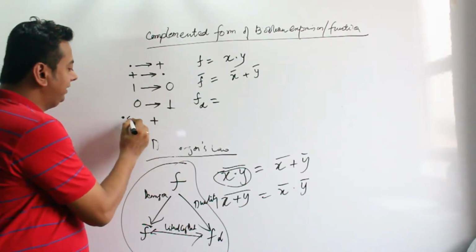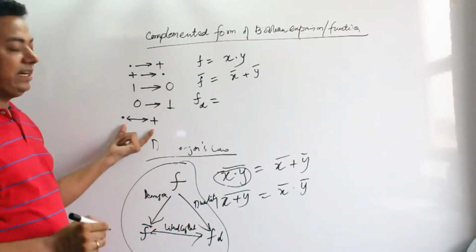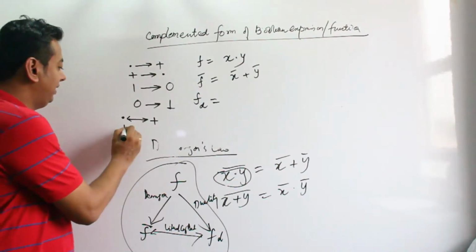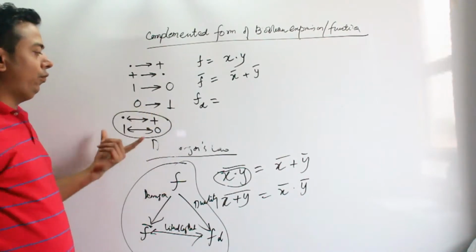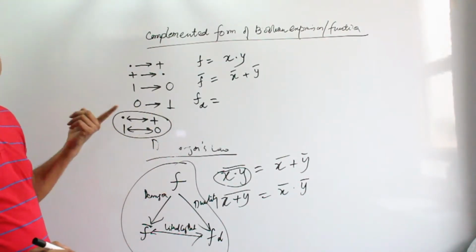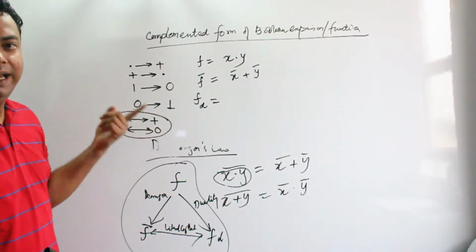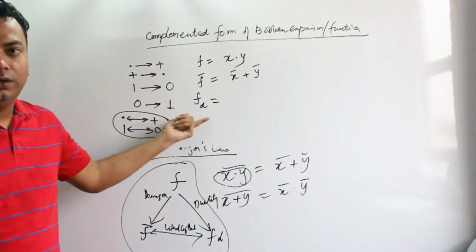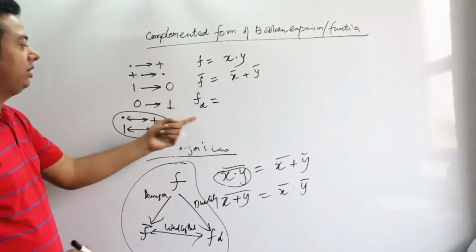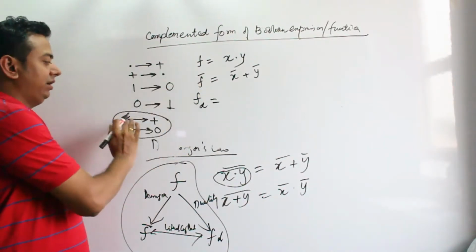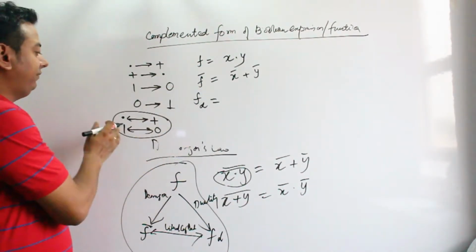In duality these two operations are interchangeable and these two constants are interchangeable. We will not make any changes in the literals when computing the dual of that function. So what is the dual of this function? We will only change the operation and any constant.